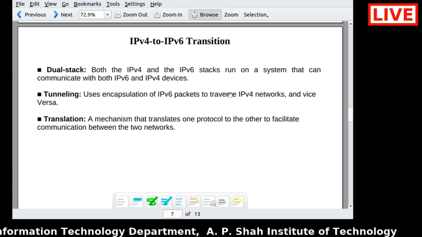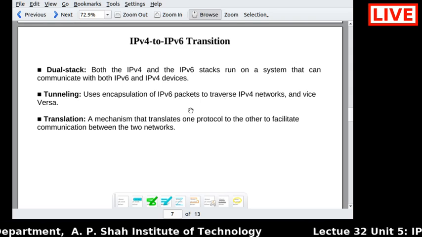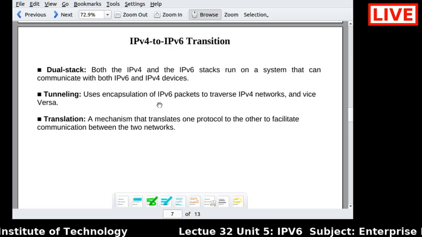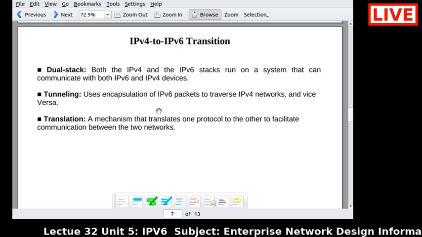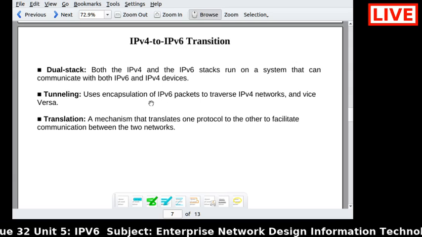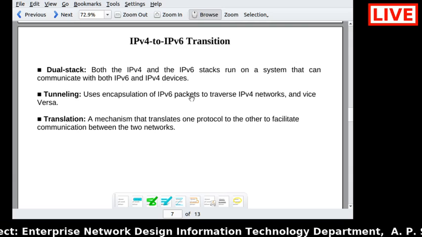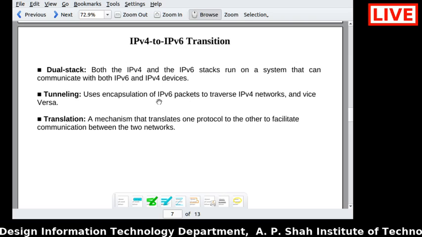IPv4 networks. So in this tunneling, two IPv4 networks will be there, and within them you are using this encapsulated IPv6 packet, and at either side you are receiving it at the IPv4 networks. So this is the tunneling part.